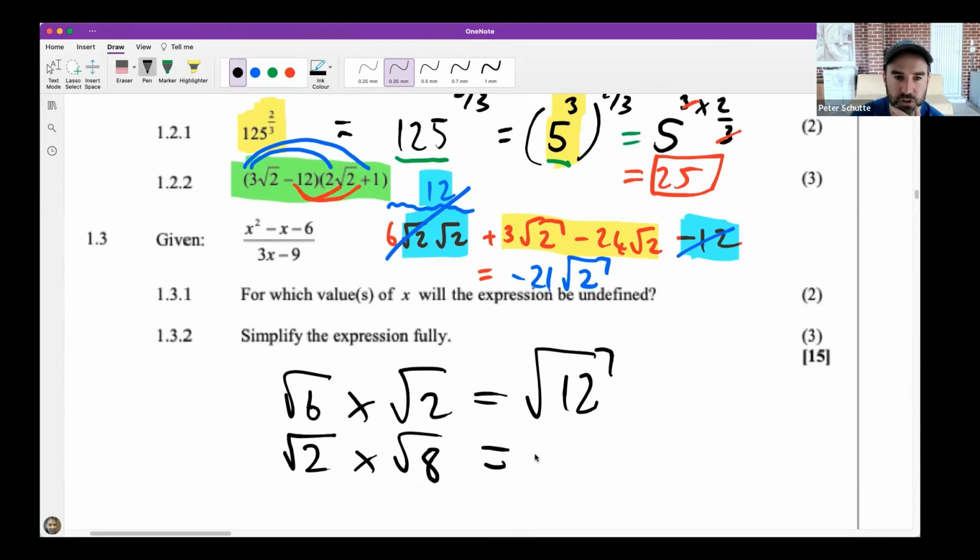Because I've seen this many times. Surds are confusing for students. I'm hoping I can do a little bit of recapping with you now. So what is square root 2 times square root 8? Using the idea from above, it's square root 16, which is actually the same as 4. Okay, so what we have to do with surds is we just need to make sure that they're both square roots.